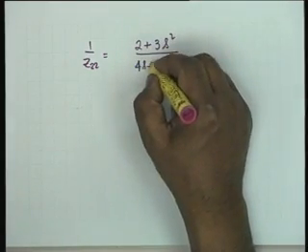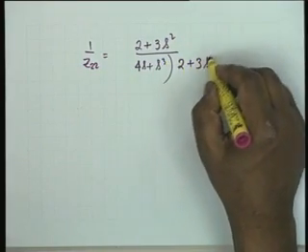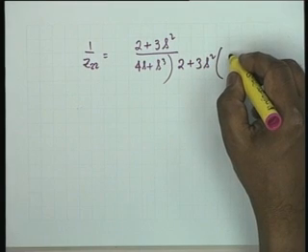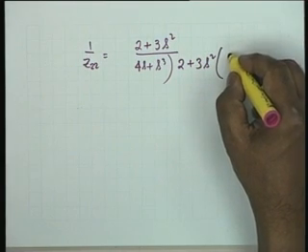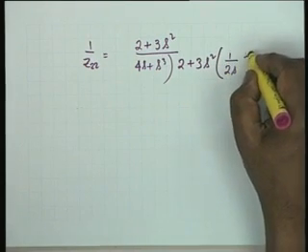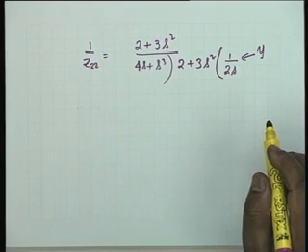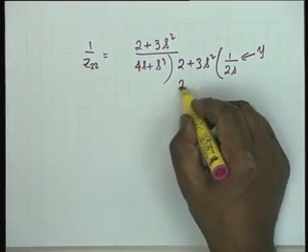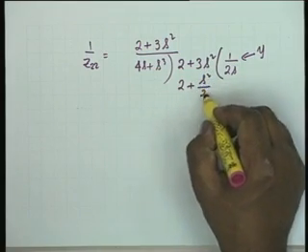So 4S plus S cube, 2 plus 3S squared, what is this? 1 by 2S, correct. This is an admittance. Is it 1 by 2S? Yes, this is all right. 2 plus S squared by 2.